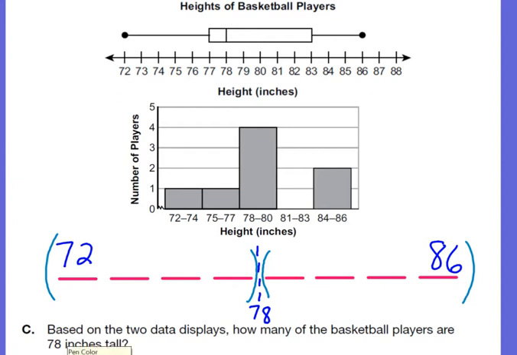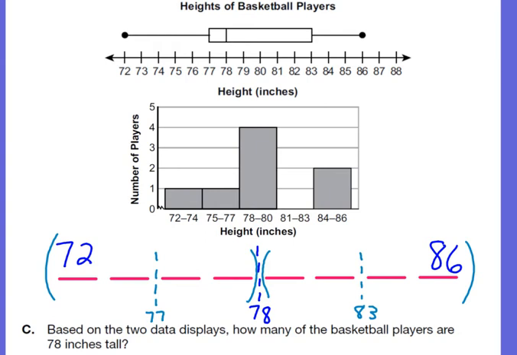And therefore, the lower median, the median of just those 4 numbers, 77, would have to go between those 2 numbers, and the upper median of just those 4 numbers would go between those 2. So I think that's going to help. But what else? I guess that's pretty much everything the box and whisker plot is telling us.